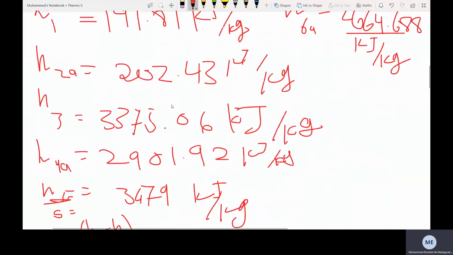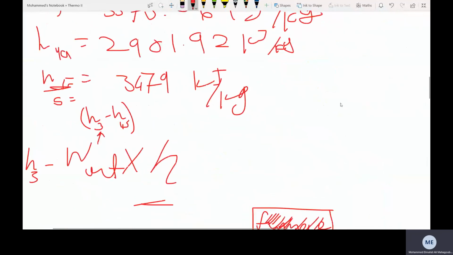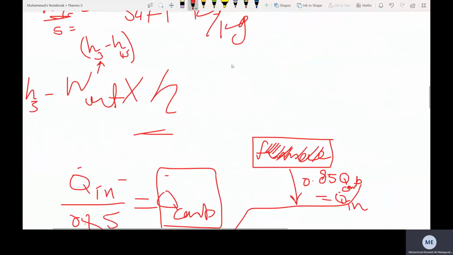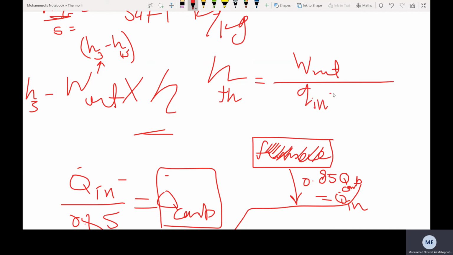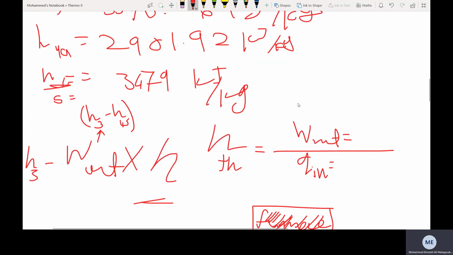The thermal efficiency is easy. Now you have all the H's, and remember, always use the actual H's. Let us use the thermal efficiency as work net over Qn. We have 2 Qn's, and for the work net, you have 2 turbines and 1 compressor.